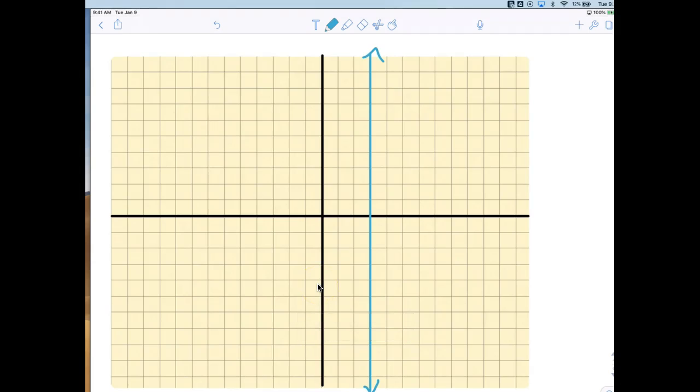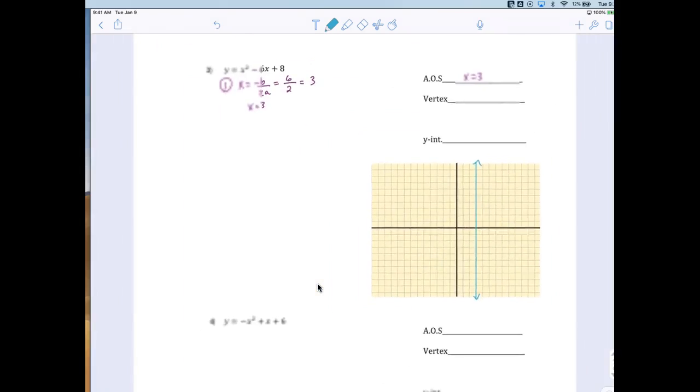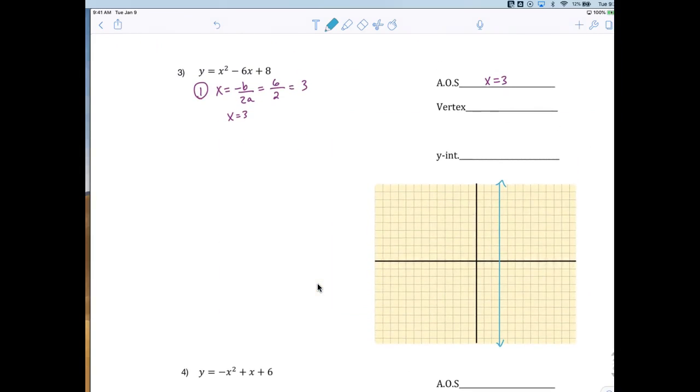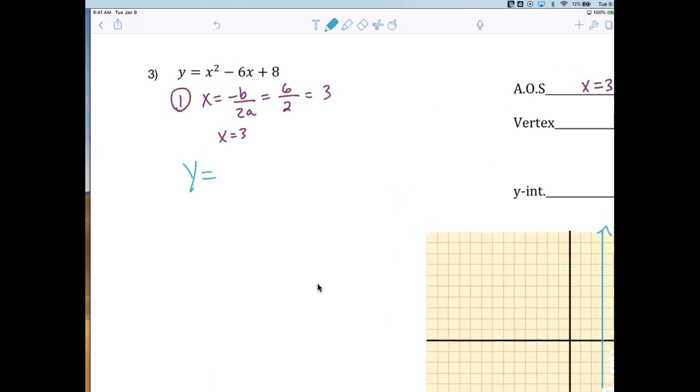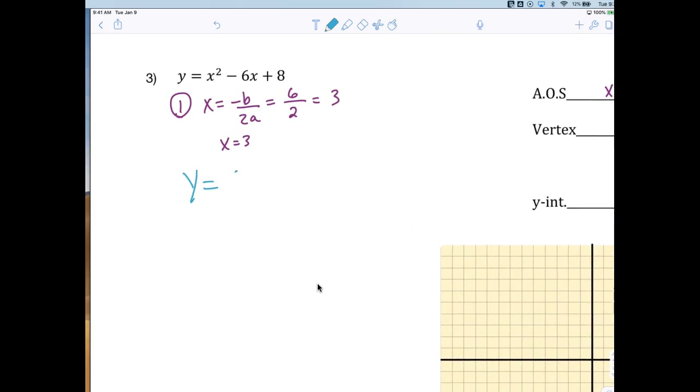All right, thank you. Now what I want to do is figure out what the vertex is. To figure out what the vertex is, I have to plug 3 into the equation. So y equals 3 squared minus 6 times 3 plus 8.